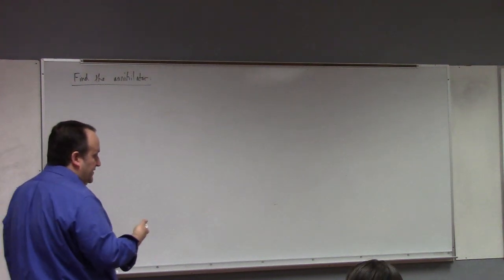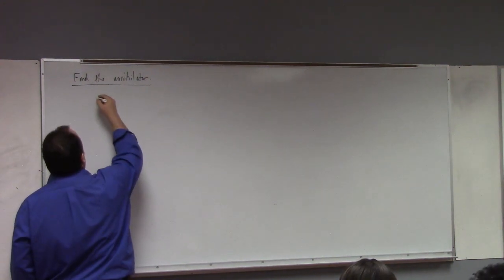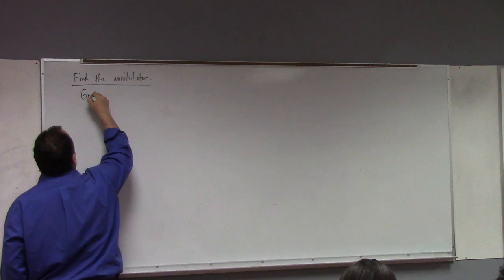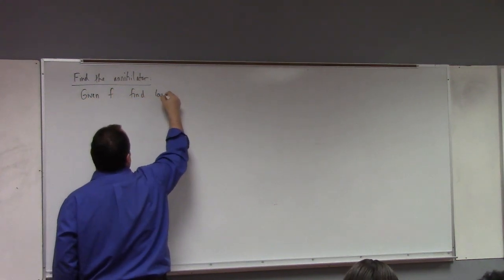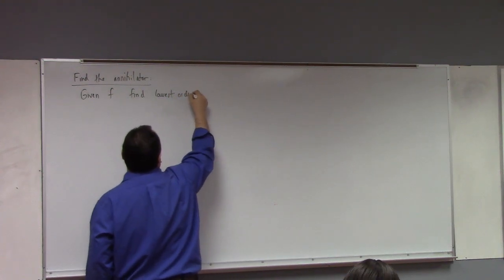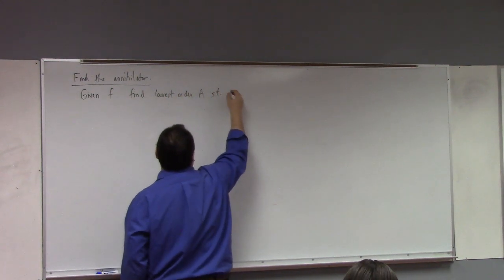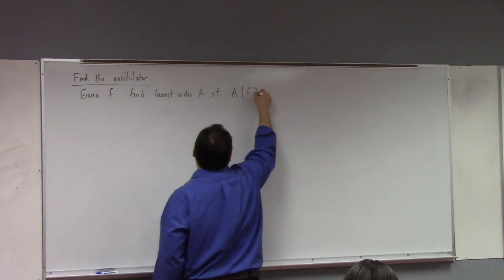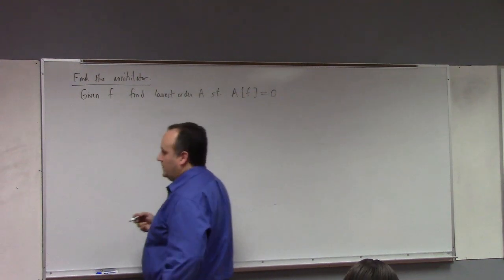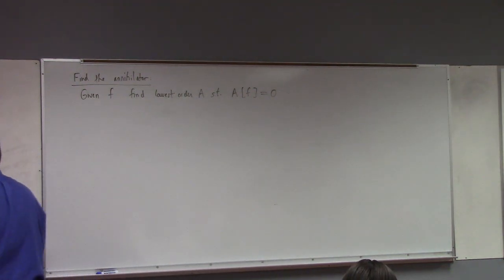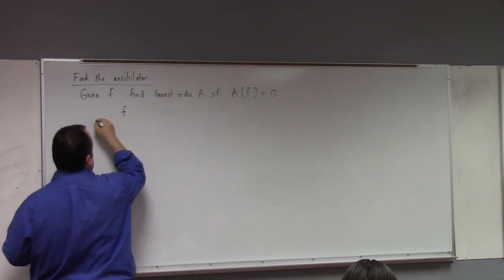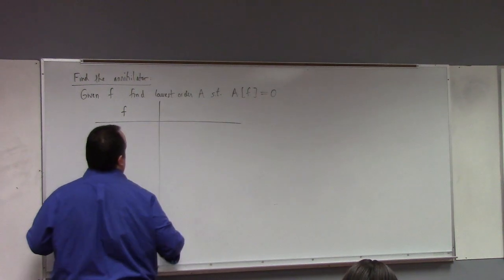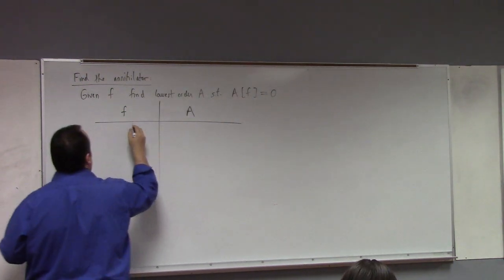But the methods we use continue to work. So find the annihilator. So given f, find lowest order A such that A f equals 0. All right. So here's choice of f, and here's the A I would use.